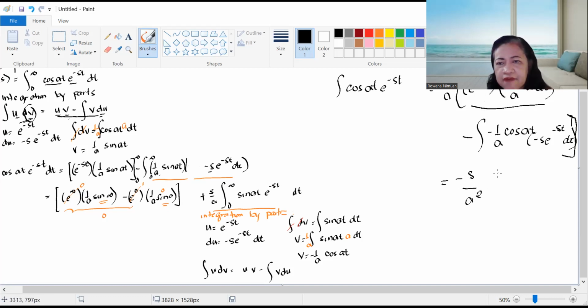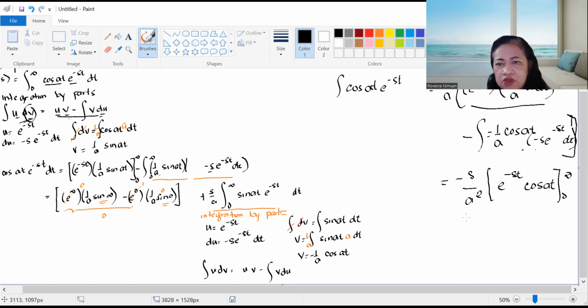Okay, this one: e to the negative st, cosine of at from 0 to infinity. Then this one, negative, negative, so that should be negative, no?